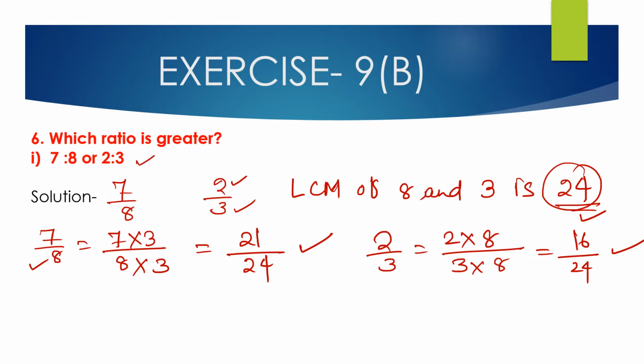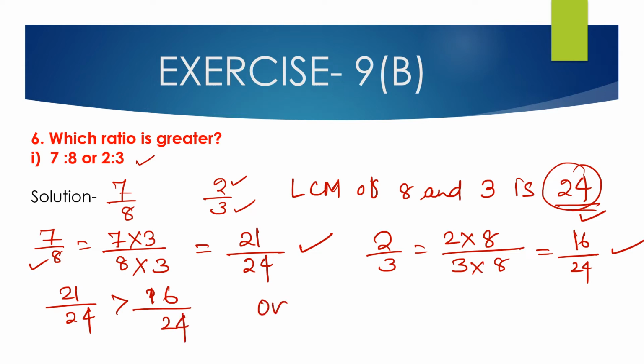Now in both these ratios, 21 divided by 24 and 16 divided by 24, the consequent is equal, that is 24. So 21 divided by 24 is greater than 16 divided by 24.